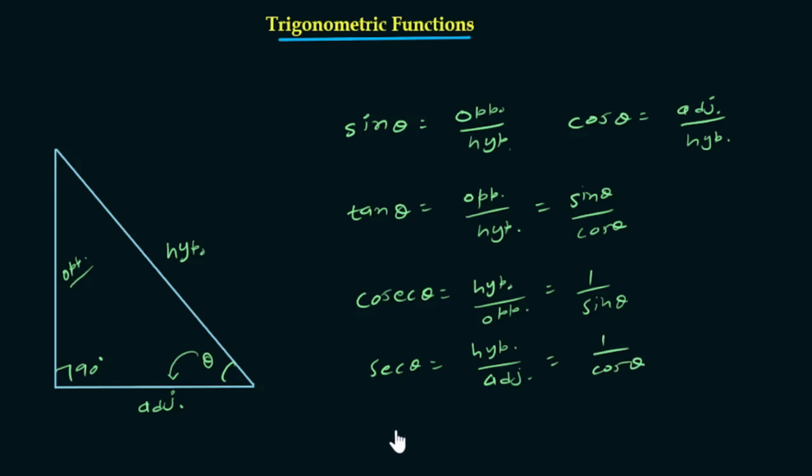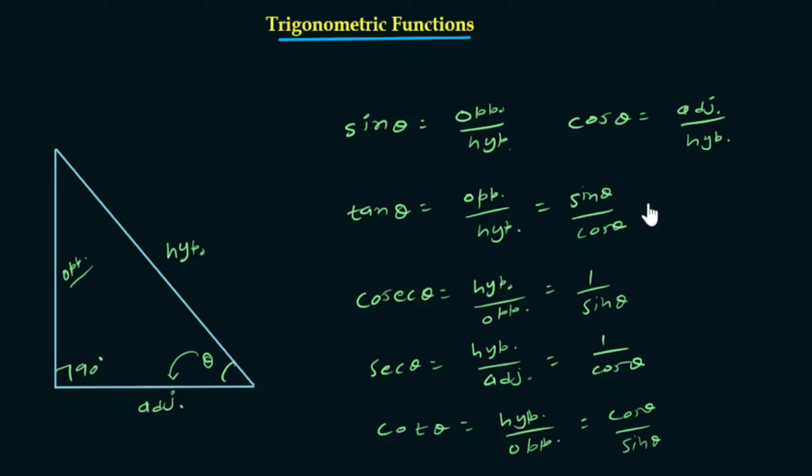And our sixth and last trigonometric function is cot theta. So cot theta is just adjacent upon opposite, which will equal cos theta upon sin theta. So we have a total of 6 trigonometric functions.